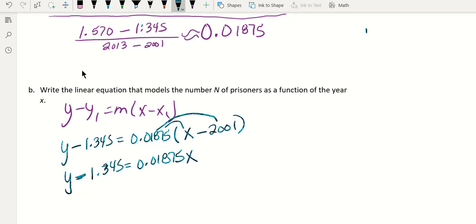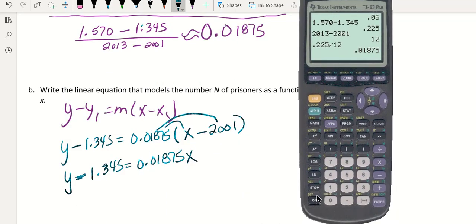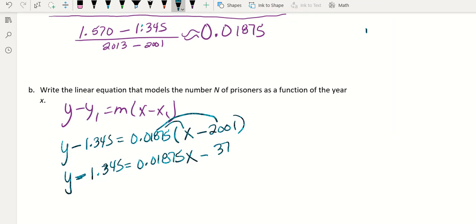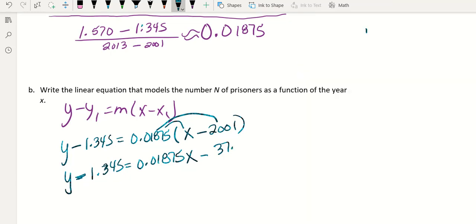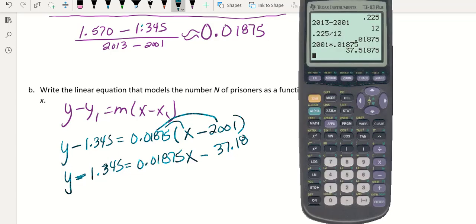Then we distribute here, so we do 2001 times 0.01875, and we end up with 37.519. Ms. Parker forgot that just that quick.